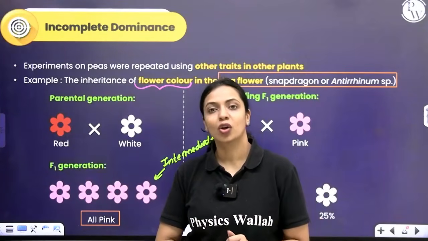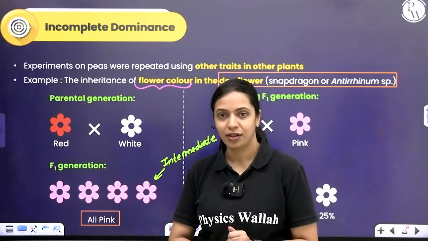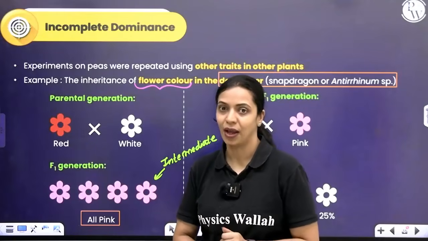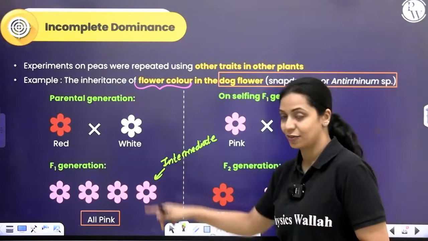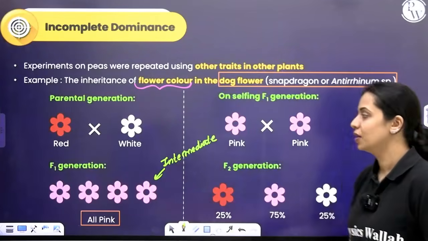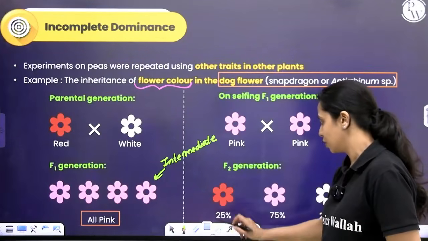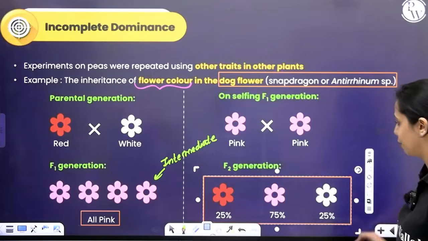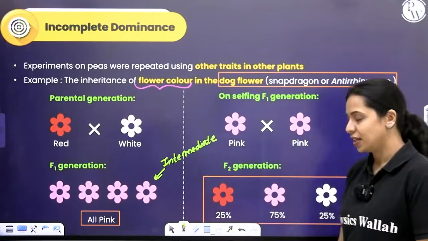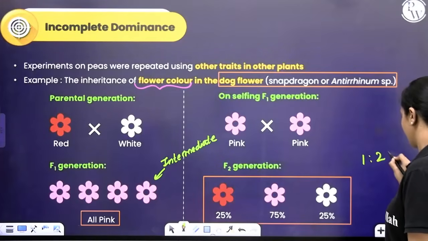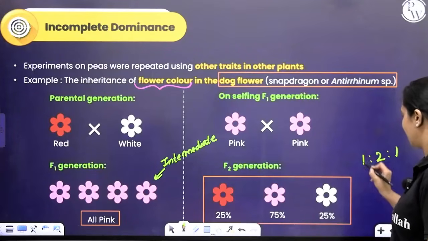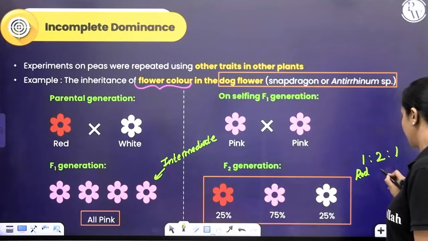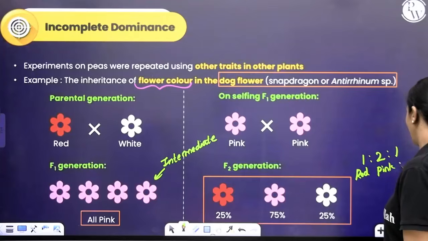And when they crossed the F1 hybrid pink colored flower producing plants, if they allowed this to undergo self-pollination, not cross, when they were selfed, in the F2 generation, you got the same genotypic and phenotypic ratio, 1:2:1. Okay. So, here one was red, two were pink, one was white.